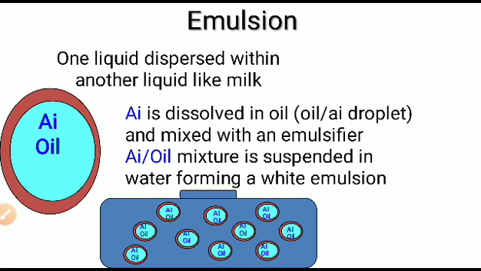Next is the emulsion. Emulsion occurs when a liquid is dispersed in another liquid. That means our ingredient, that is our pesticide, must be in a liquid state, and if it is not a liquid, the compound must be dissolved in oil, and then mixed with another emulsifier or another liquid, and that formation of the solution is called an emulsion.